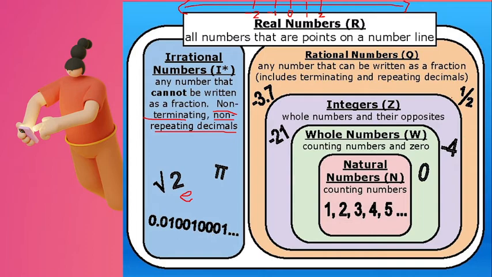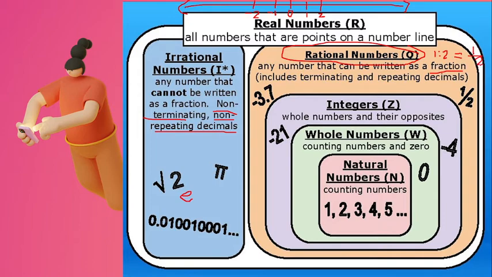The rational numbers, denoted by Q, are any numbers that can be written as a fraction, a ratio. Examples of fractions are 1/2, 1/4, 1/3. If there is a ratio, 1 is to 2, it is equal to 1 over 2.